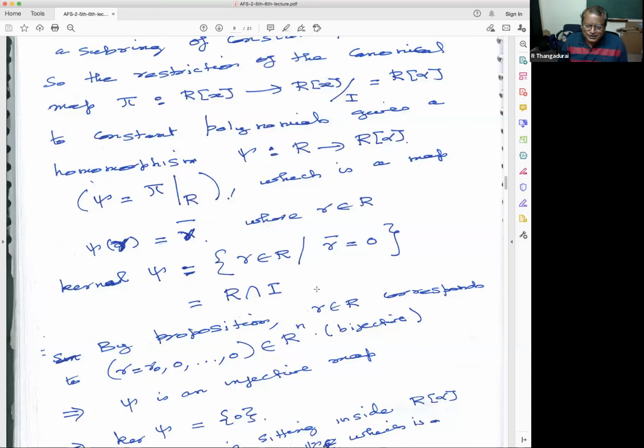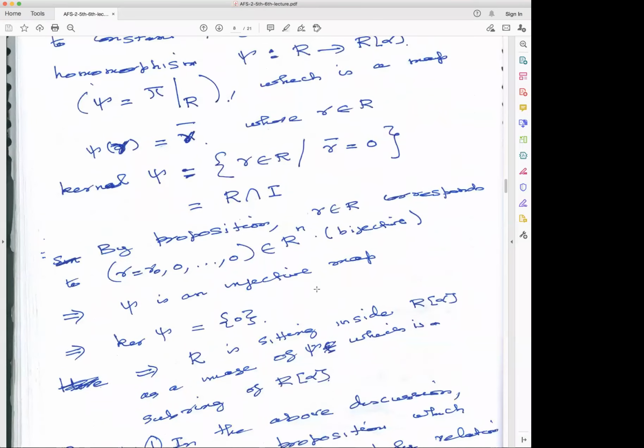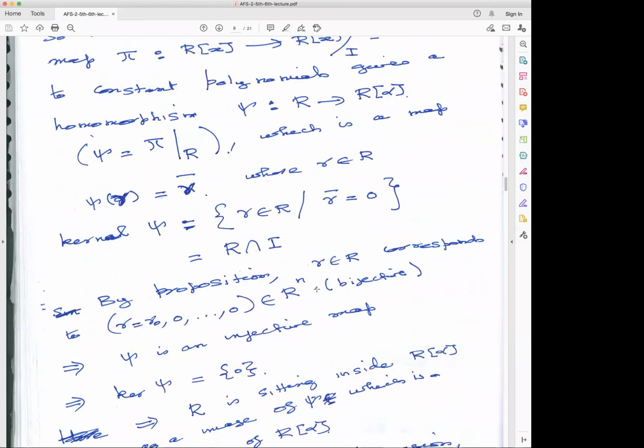Whether it is possible? We are saying that a constant equals a product of some polynomials. How is it possible?